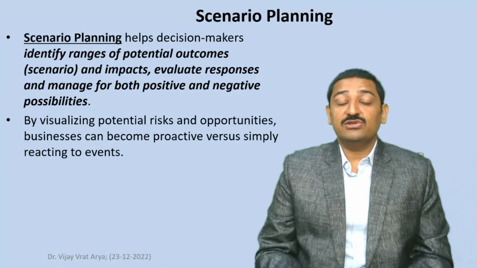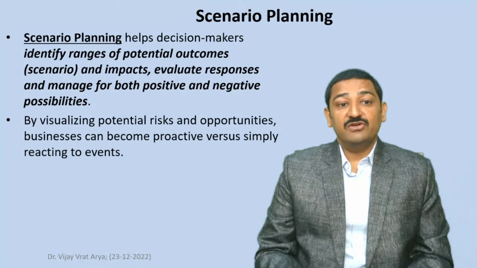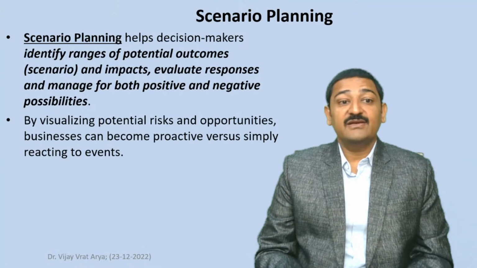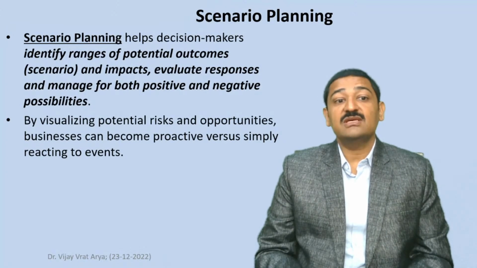Apart from that, we also have the concept of scenario planning, which helps decision makers to identify ranges of potential outcomes, or scenarios, and impacts, evaluate responses and manage for both positive and negative possibilities.